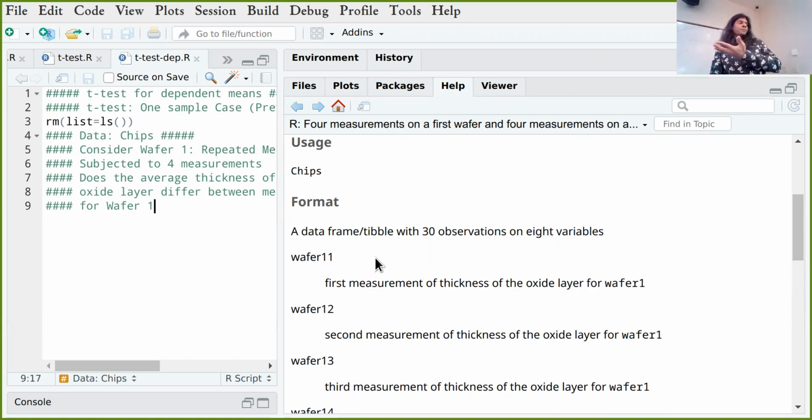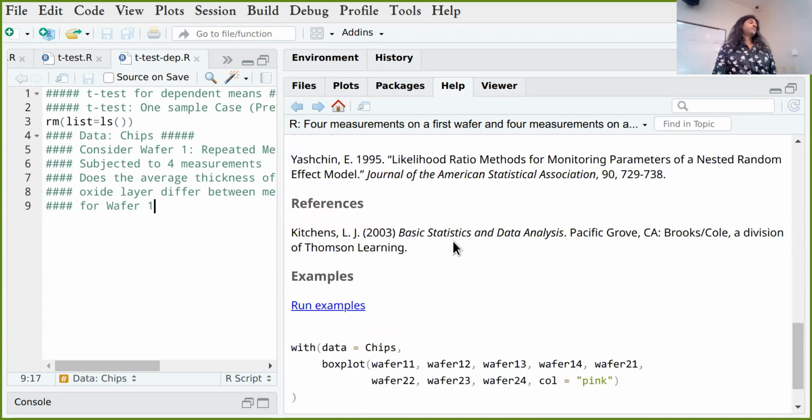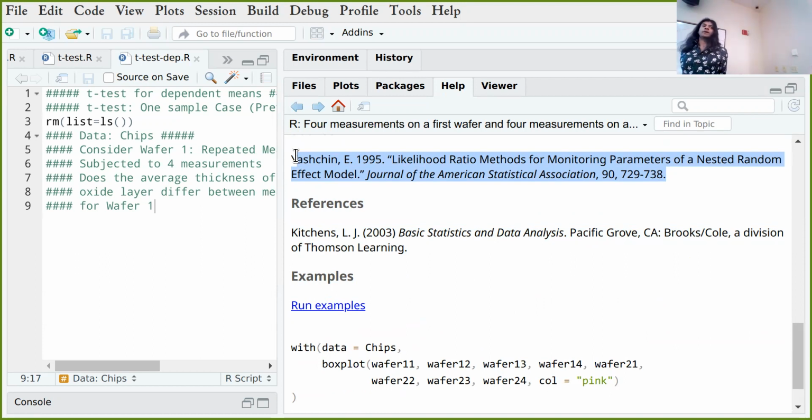We will probably talk about this way later. If you want to look at the article, it's right here, nested random effect model. It is a way to determine effects in a repeated measures design. So I believe your book does that. We'll come back to that later.